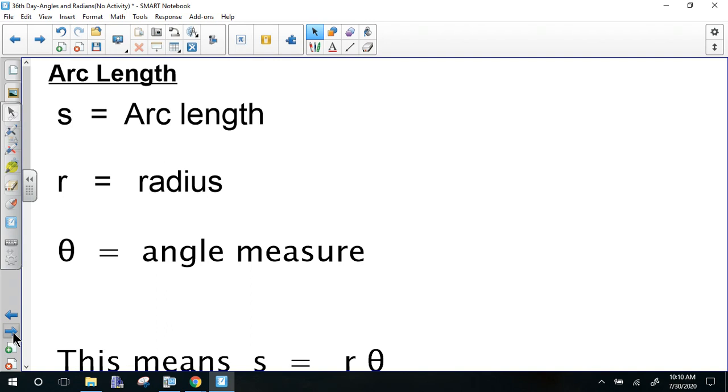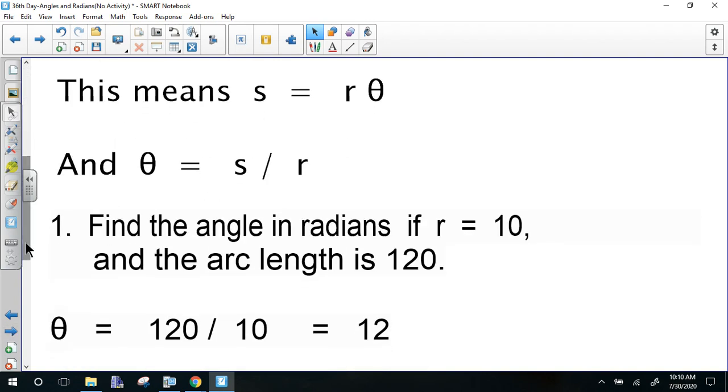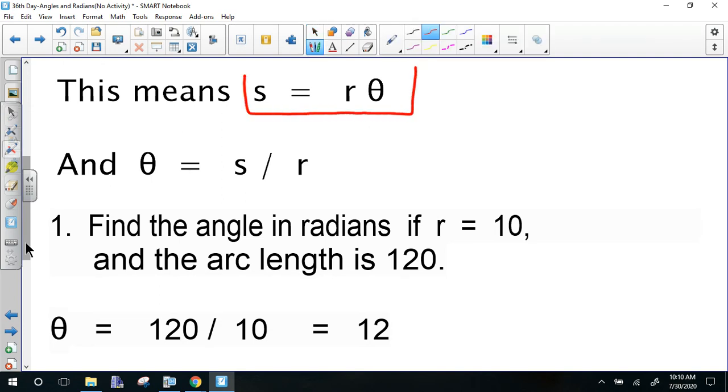So theta is the angle measure in radians. Here's our formula. To find the arc length, you multiply the radius times the angle measure, and the angle measure must be in radians, not degrees.